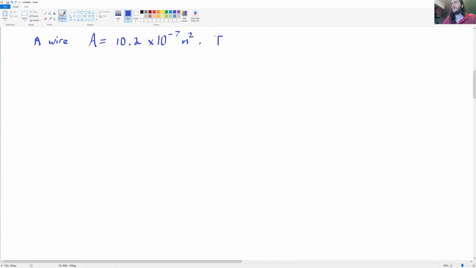It carries a current, there should be a comma there, of 3.10 amps. So this is the setup here. This is all we need, and then we'll calculate some stuff.